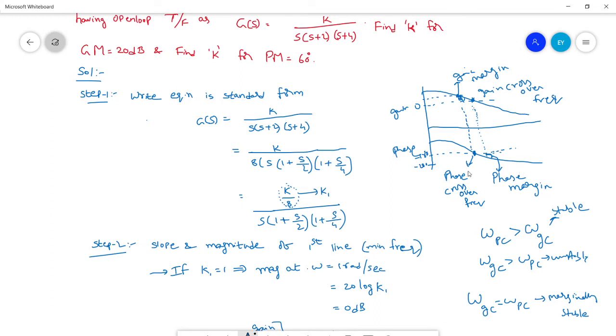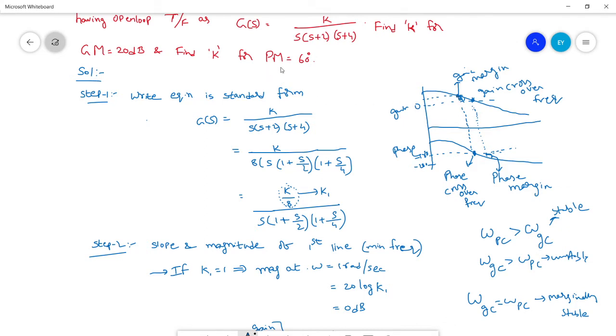Now what transfer function have they given to us? It was given as k by s into (s plus 2) into (s plus 4). That means we have an unknown gain. We don't know the gain of the system. What they asked is, when the gain margin is equal to 20 dB, what is the gain you get?